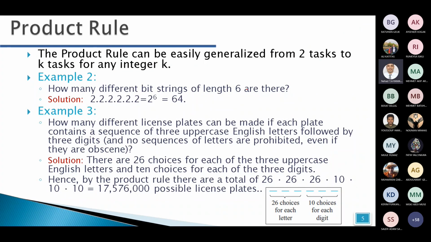Okay, so if we have only 2 tasks, it's easy. If we have more than 2 tasks, we can simply generalize the rule: if we have k tasks, it's n1 multiplied by n2 multiplied by n3 until multiplied by nk.